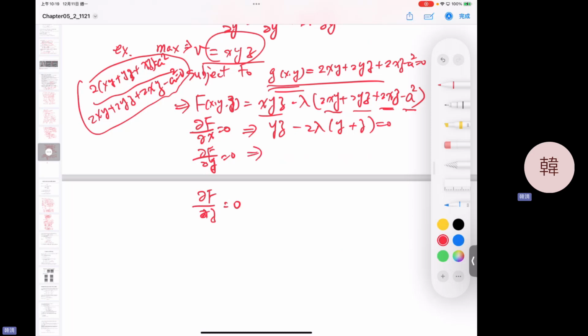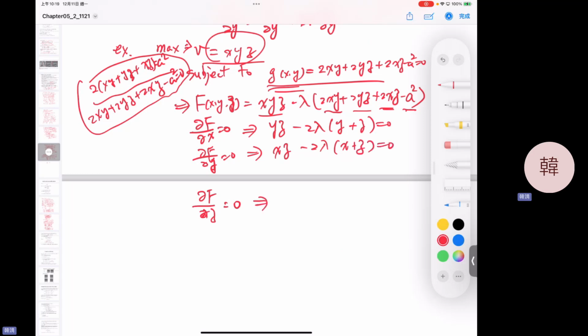Again, this one, derivative with respect to y and equal to 0 for the optimized location. So with respect to y it becomes xz, minus 2 lambda times the derivative with respect to y, so it becomes x plus z, equal to 0.